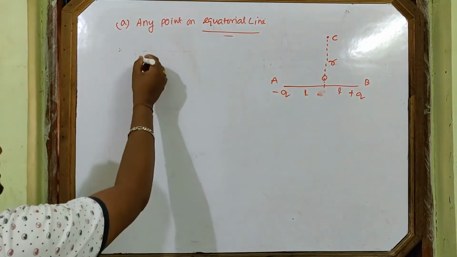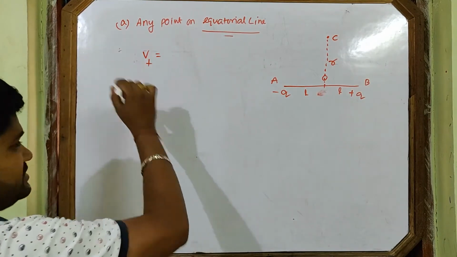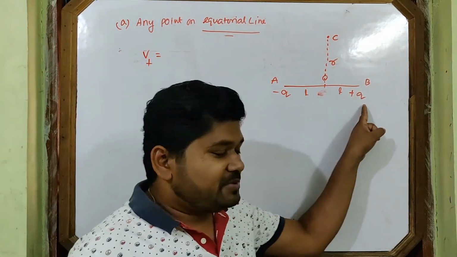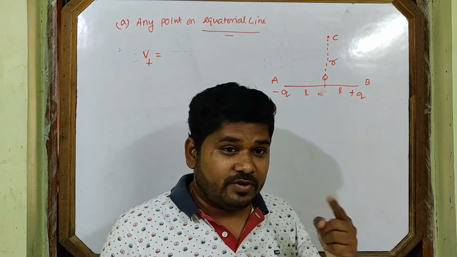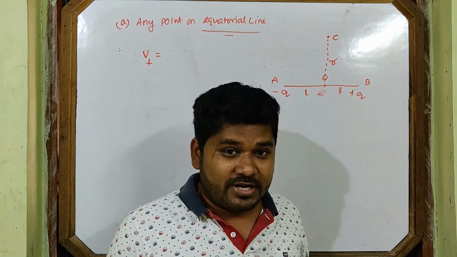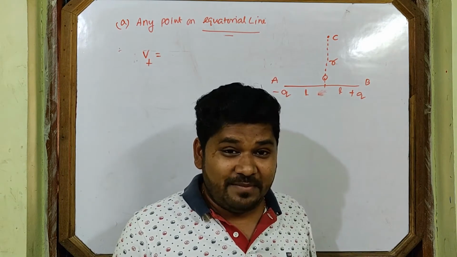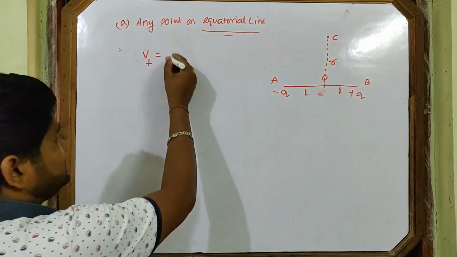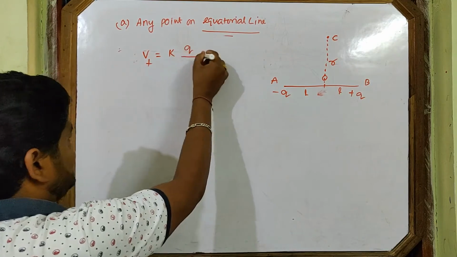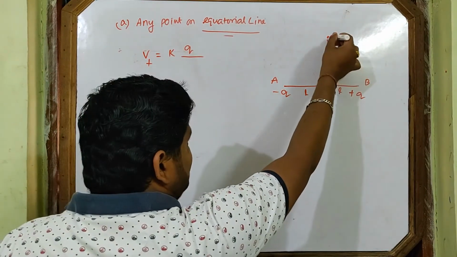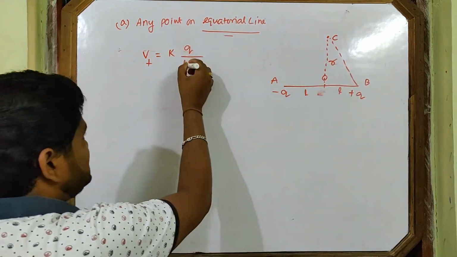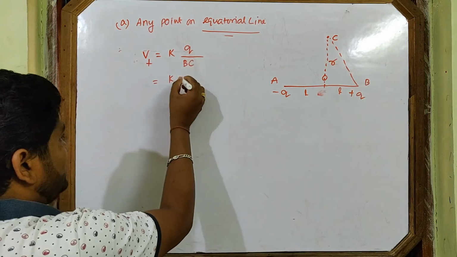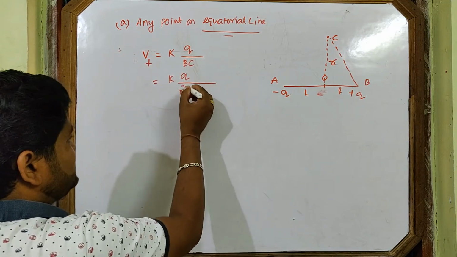Due to plus Q charge, V plus, same thing. We'll write for plus Q, we'll write for minus Q, then we'll add them algebraically, simple addition. Okay, so V plus is KQ by this distance BC. What is BC?